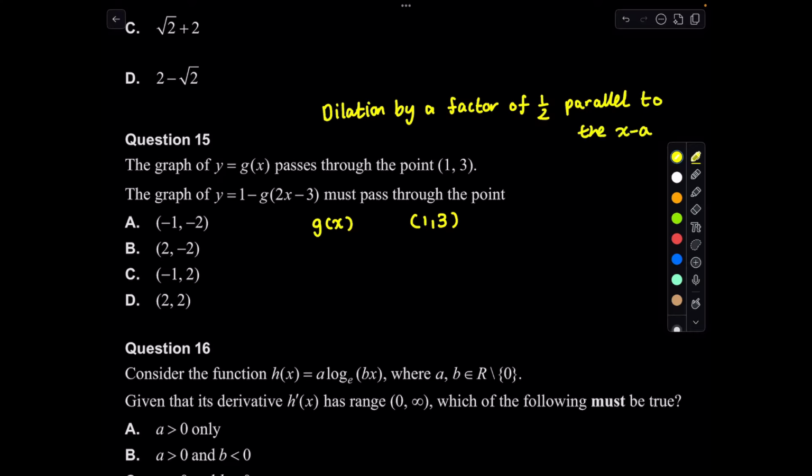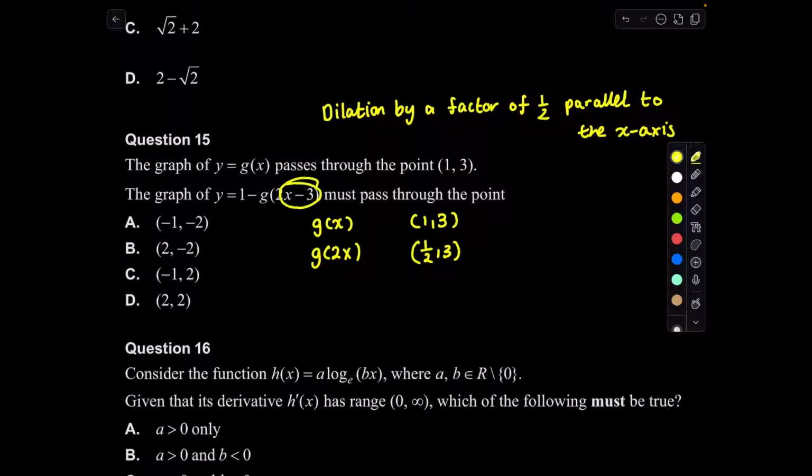Or you can say from the y-axis. But I like parallel to the x-axis. You know why? That basically tells me that the x values are all getting multiplied by a half. So g of 2x, which we just did here, what happens? The x values get multiplied by a half. So this x value of 1 gets multiplied by a half, which is just a half. Done. So that is the first transformation, and we're making good progress.